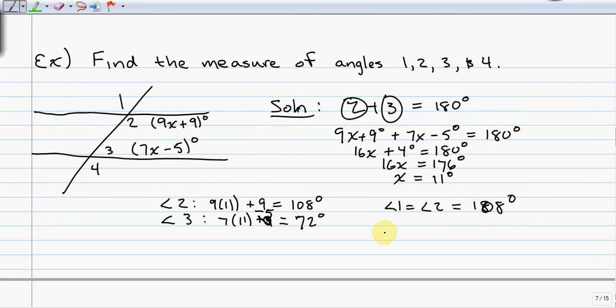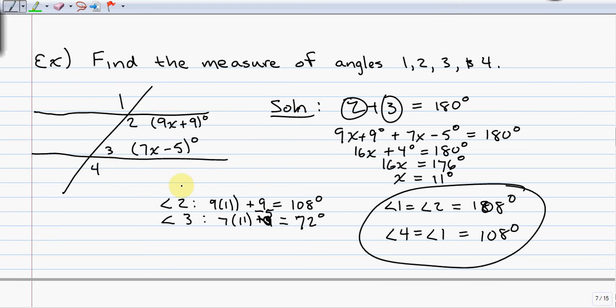Angle 1 and 4 are alternate exterior angles, and angle 2 and 4 are corresponding angles. Either way, angle 4 is equal to angle 1, so it's also equal to 108 degrees. So again, we got angle 1 to be 108, angle 4 to be 108, angle 2 to be 108, and angle 3 to be 72.